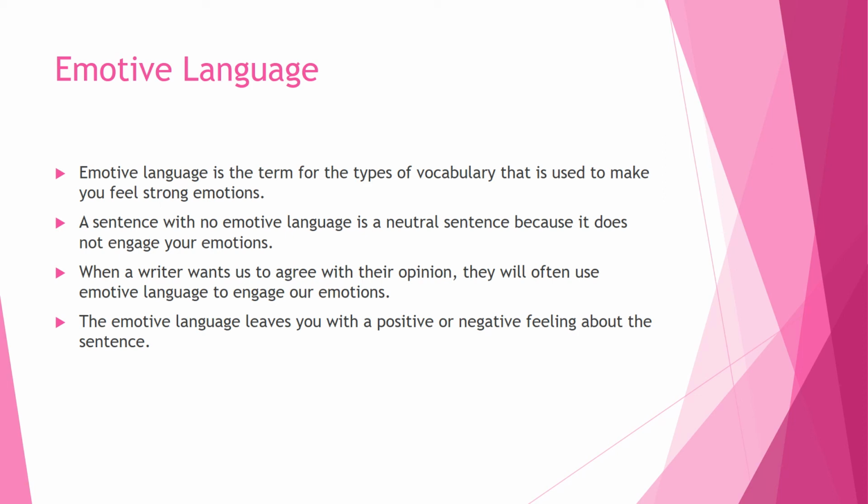That's the sort of sentence that doesn't engage your emotions, so there's no emotive language in that at all. When a writer wants us to agree with their opinion, they'll often use emotive language to engage our emotions, and the emotive language leaves you feeling either positive or negative.